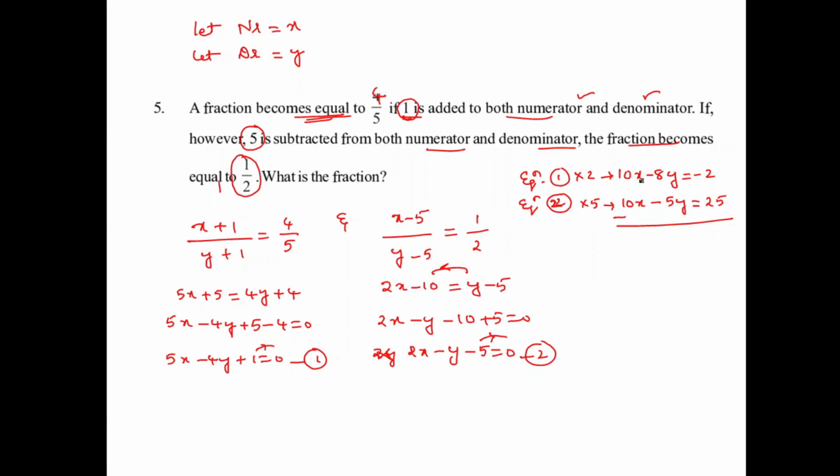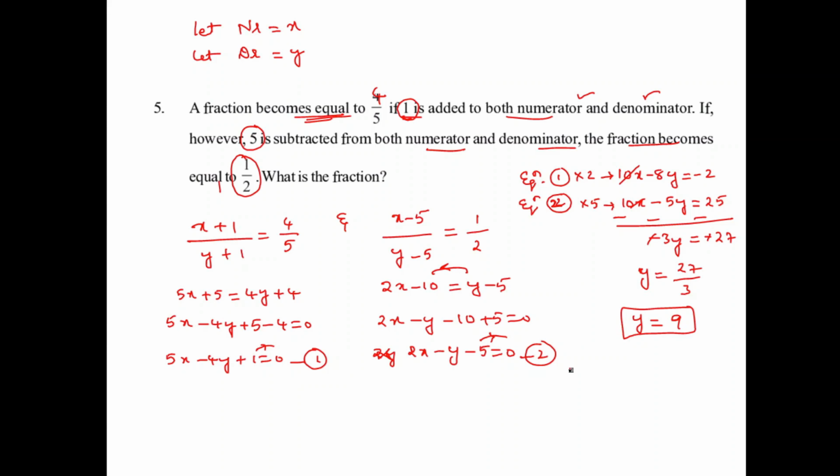So by doing subtraction, x is removed, and we get minus 3y equal to minus 27. The negative signs cancel out, so y equals 27 by 3. So the value of y is 9, isn't it?